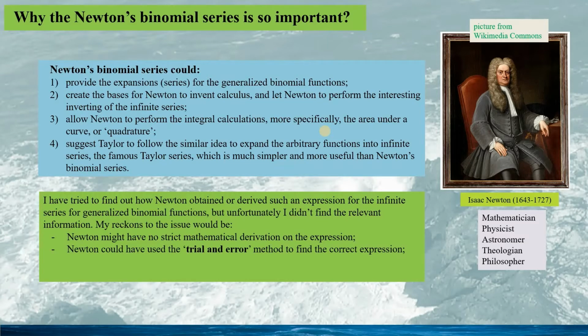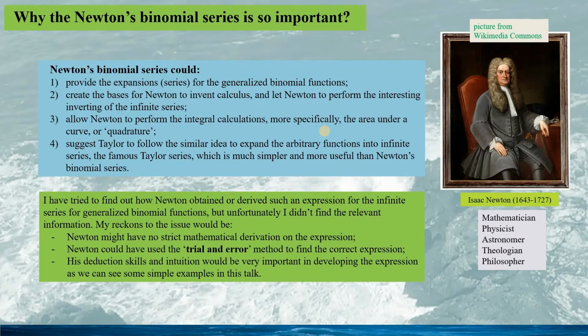Newton could have used the trial and error method to find the expression. His deduction skills and intuition would be very important in developing the expression, as we can see in some simple examples in this talk.